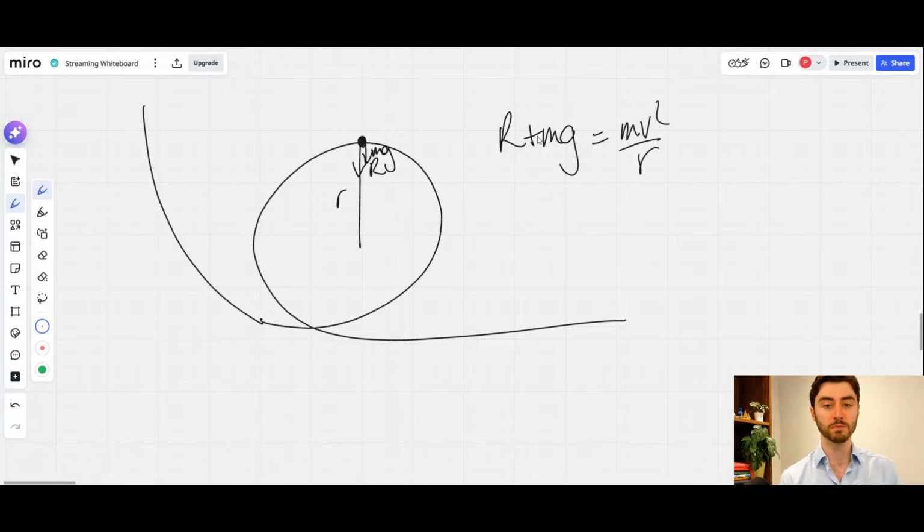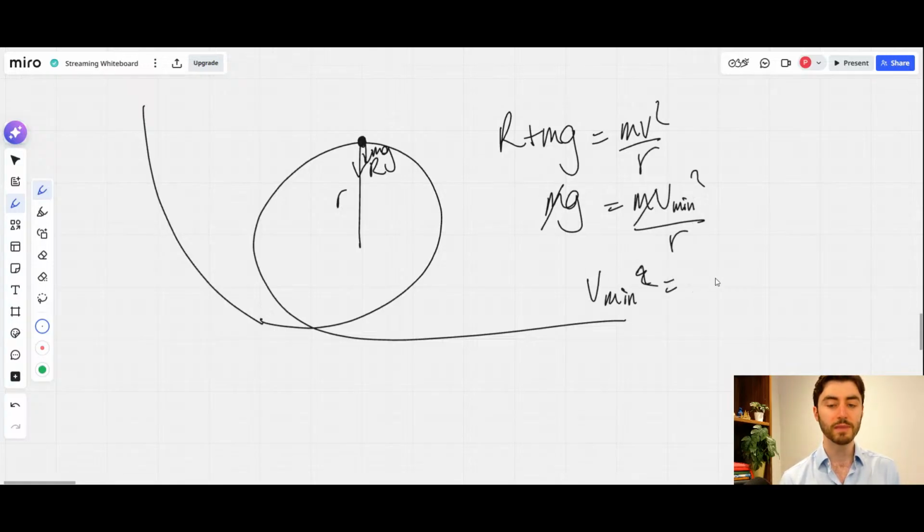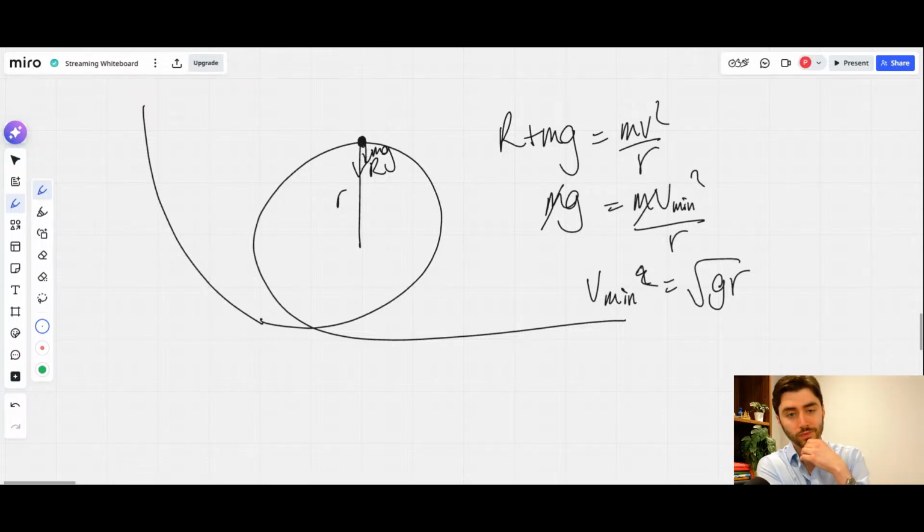So mg equals m times v min squared over r, and we get that v min is equal to the root of g times r, which is the minimum speed it must have at the top of this loop in order to keep going in circular motion and have the people on the roller coaster not fall off, which is typically ideal.